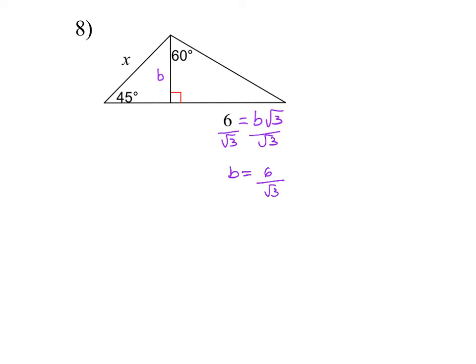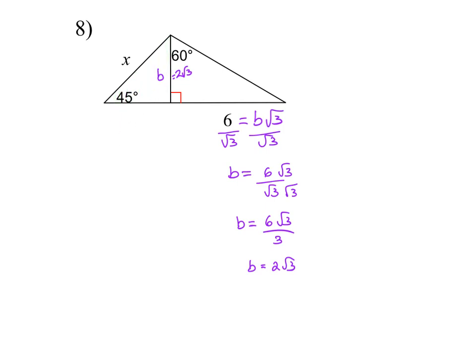Again, I'm going to rationalize by multiplying by the square root of 3. So 6 square root of 3 over the square root of 3 times the square root of 3, which is the square root of 9, and the square root of 9 is 3. Then B equals 2 square root of 3. So now I know that this is 2 square root of 3, and I need the hypotenuse of a 45-45 degree triangle.